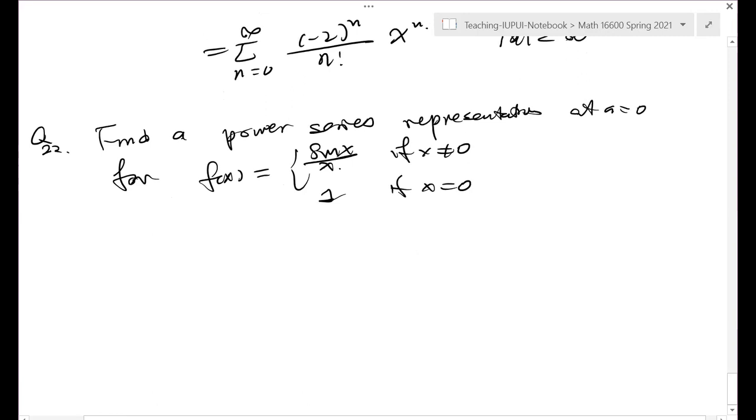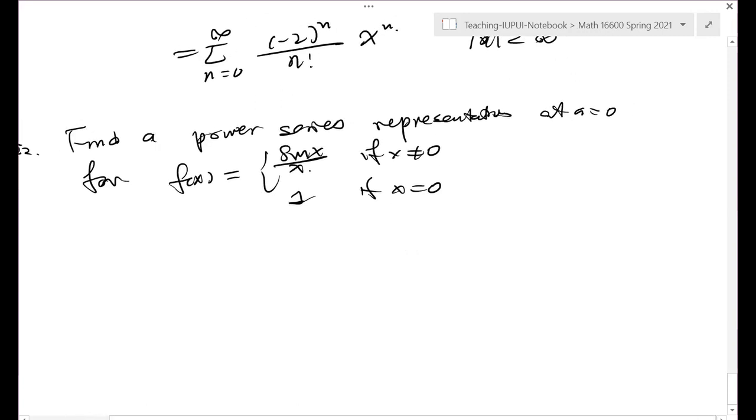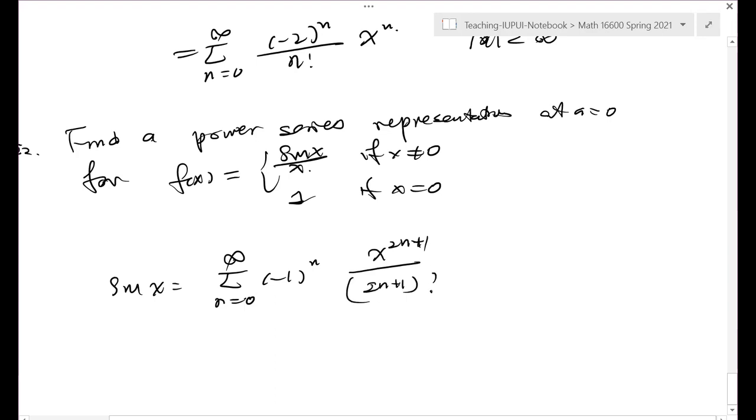So the best way to do it is to use a known result. Okay, we know that sine x is going to be the sum of x to the 2n plus 1 over 2n plus 1 factorial. Okay.